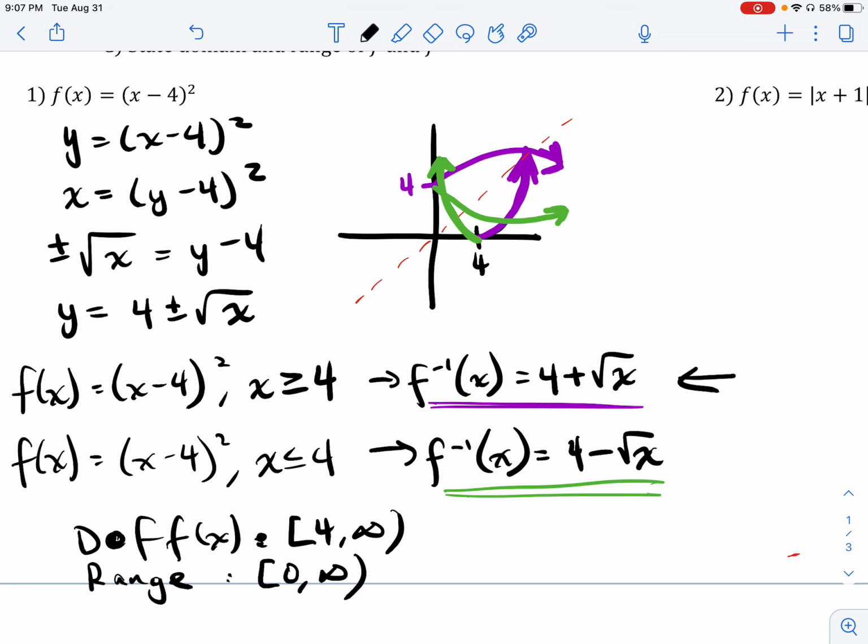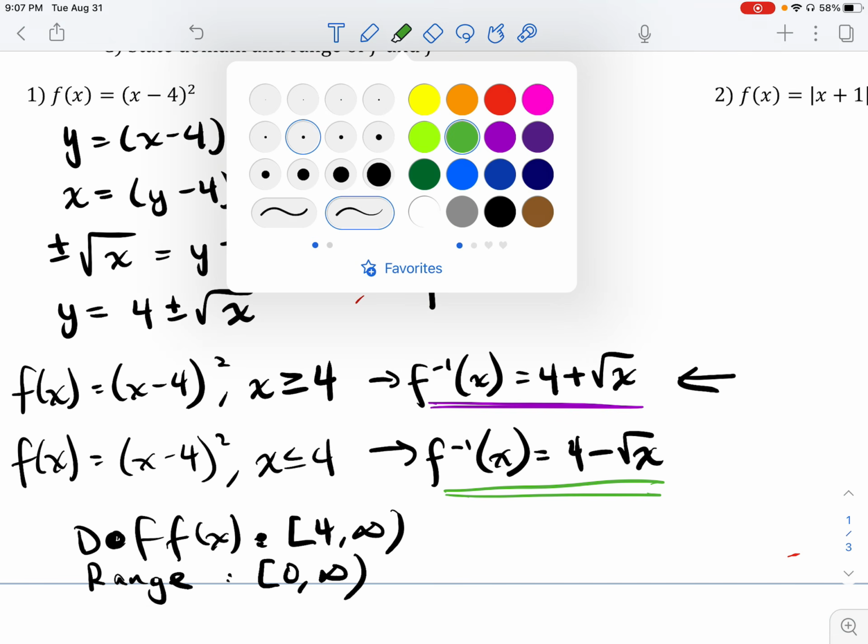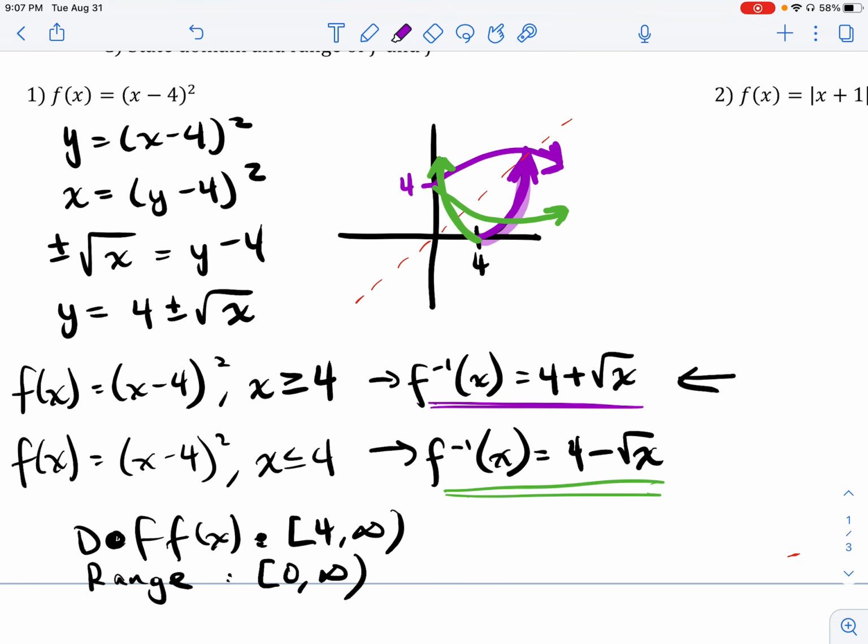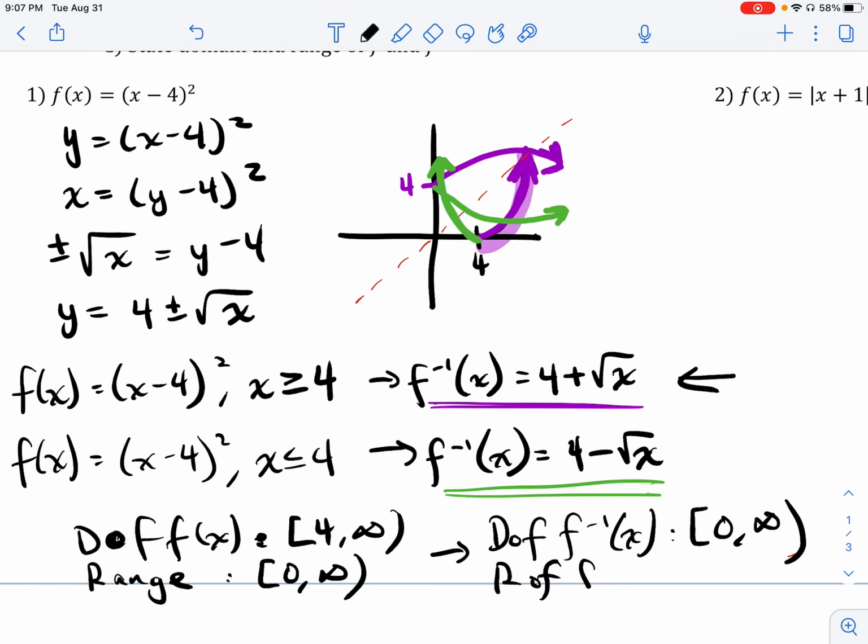Again, we're looking at this one right over here. So then, using this information, what's the domain of our inverse? The domain of our inverse would be 0 to infinity, just the range of the previous. And the range of our inverse would be what was previously the domain of our original function, if you will.